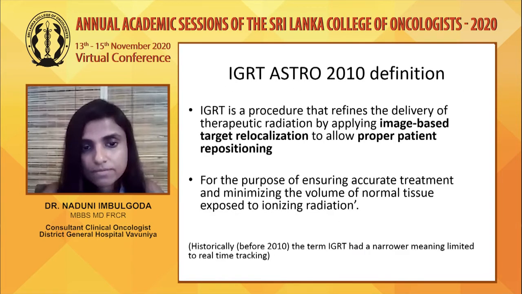So IGRT, the 2010 ASTRO definition: image-guided radiotherapy is a procedure that defines the delivery of therapeutic radiation by applying image-based target relocalization to allow proper patient repositioning, for the purpose of ensuring accurate treatment and minimizing the volumes of normal tissue exposed to ionizing radiation.